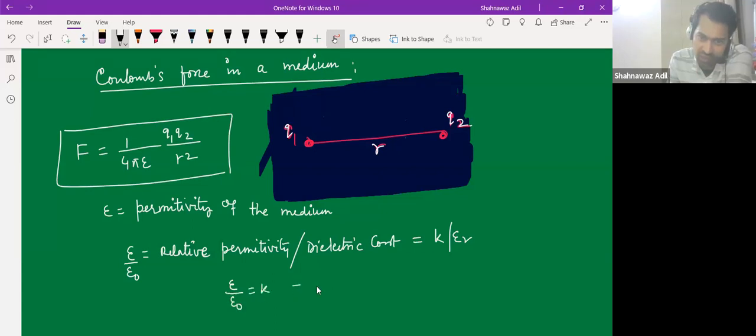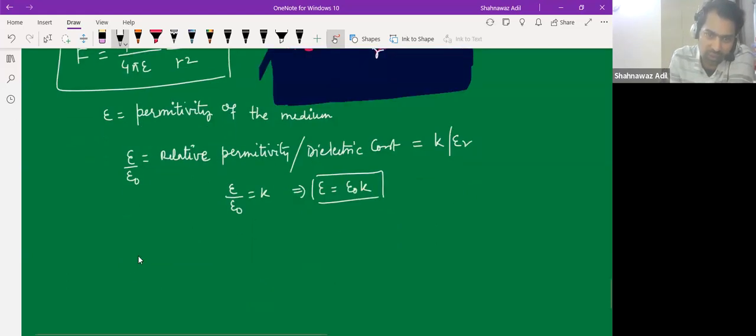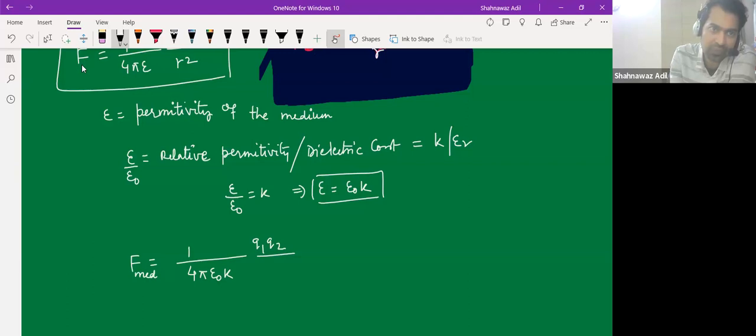Then we can write E as K epsilon naught, and put this value in here. So this Coulombic force would become 1 by 4 pi epsilon naught K, Q1 Q2, and this is in the medium, right? And this is R square.